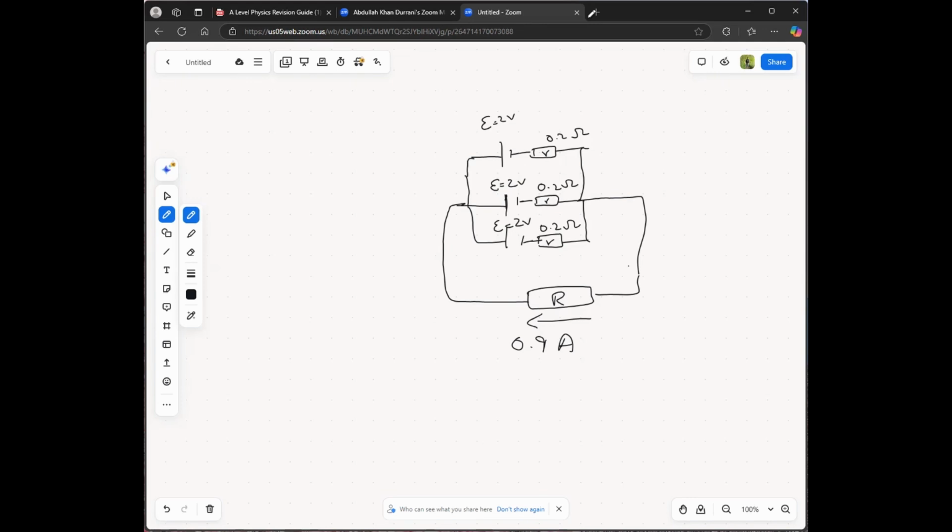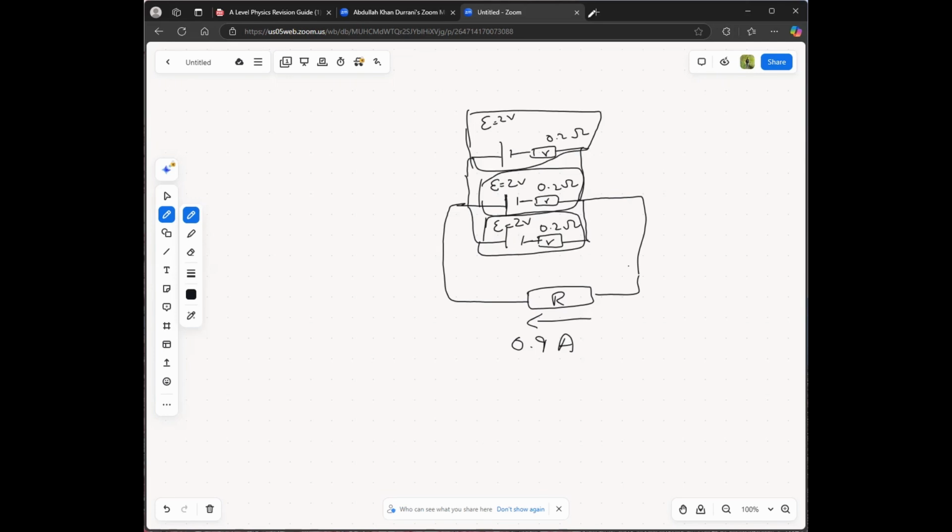So first of all, let's just try to calculate, let's say that this is a battery, this is a battery as well, this is a battery as well. So what is the voltage that we are getting out of it? What is the current that we are getting out of it?